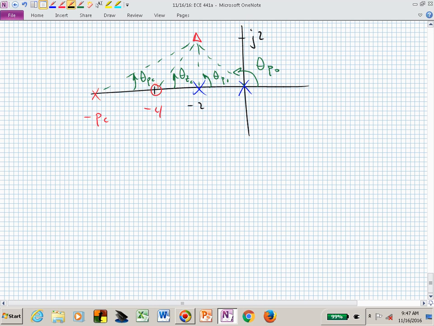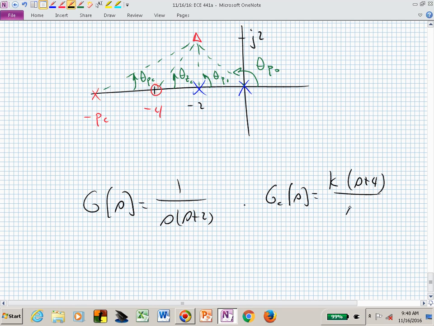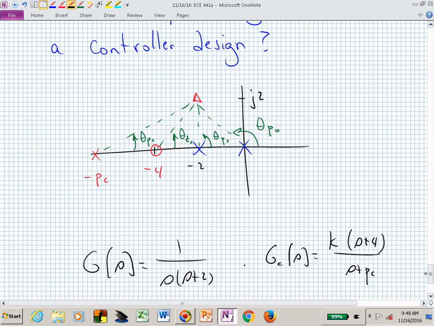The system is now G, which was 1 over s(s plus 2). The G sub C that you're trying is K, and you said, let me put this 0 at minus 4, and now I'm trying to solve for p sub c, from the phase angle condition. Pardon? How did I set up the triangle?